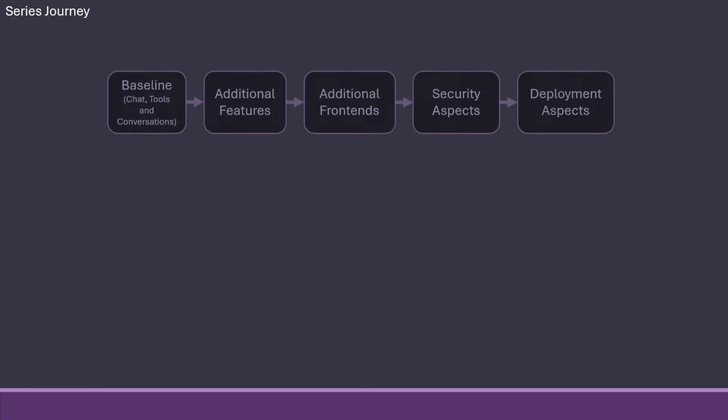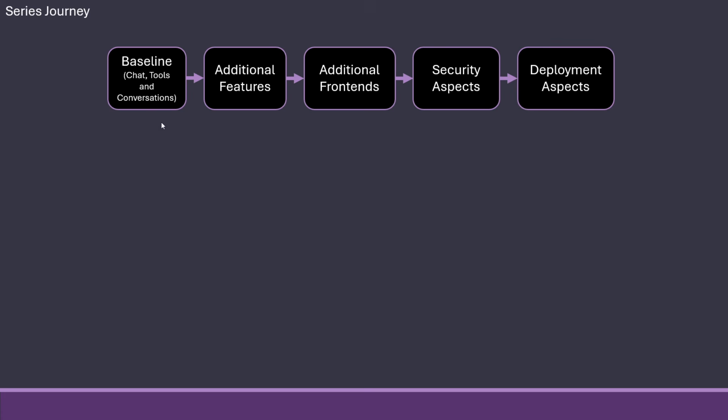So the journey of this series would be that we start with a baseline. We are starting in Blazor Server, but slowly building up to more and more advanced ways and more real ways of doing things. We're going to put in the default chat tools and conversations, but then we're going to pile on features as we go along.